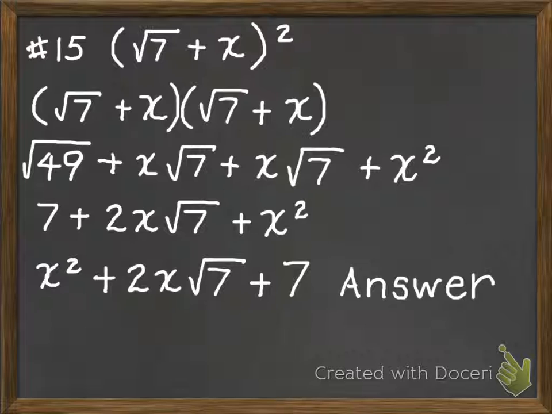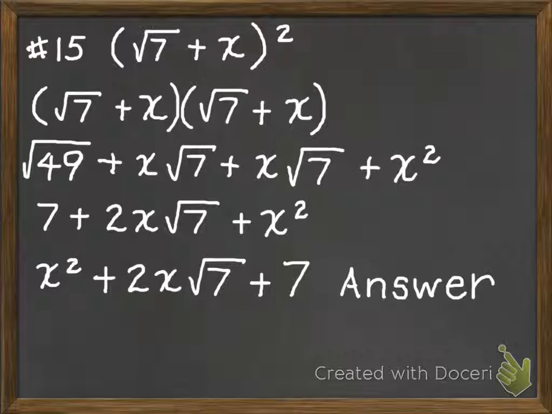Now, 49 is a perfect square, so we squared our square root by going square root 7 times square root 7. And the square root of 49 is 7. x times the square root of 7 plus x times the square root of 7 is altogether 2x times the square root of 7, plus x squared.